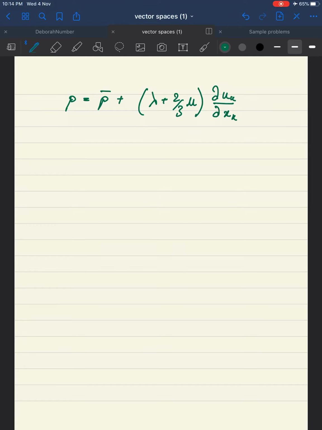Now, what ends up happening is that for typical flows, bulk viscosity is often neglected.